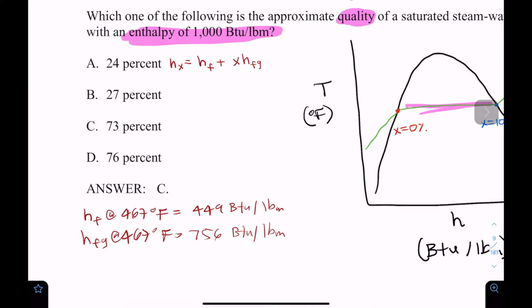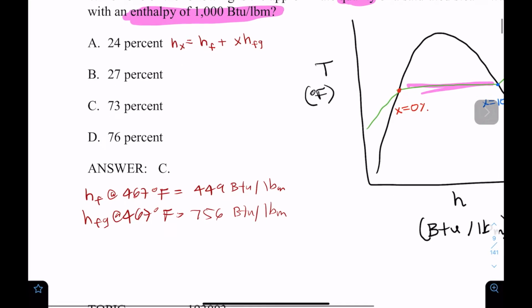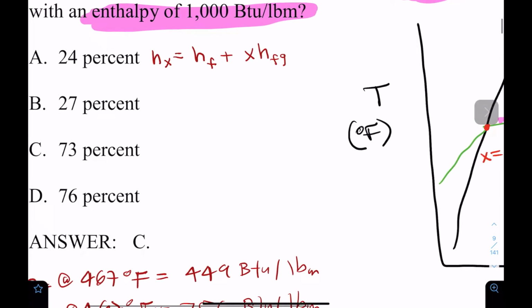So now we just need to substitute in here. What we're trying to get is this one. So we need to recalculate. So I can say my new formula is this.